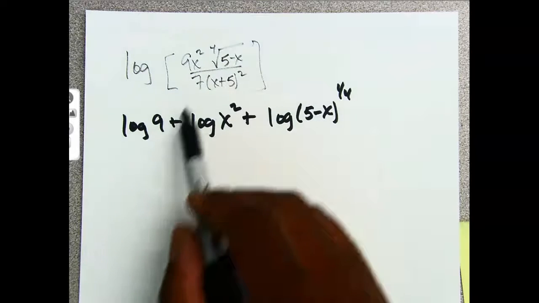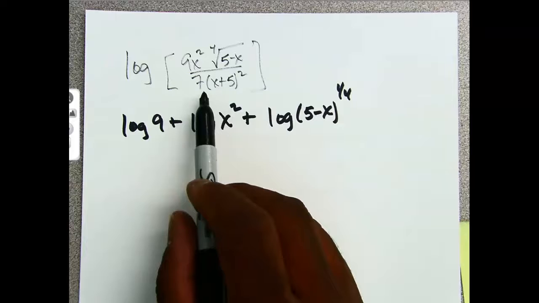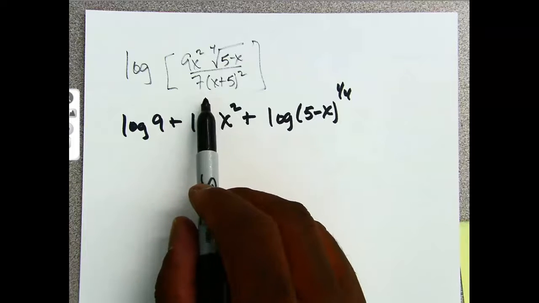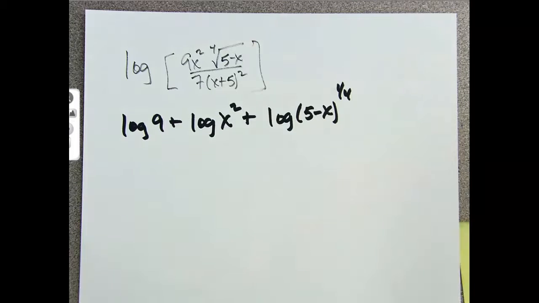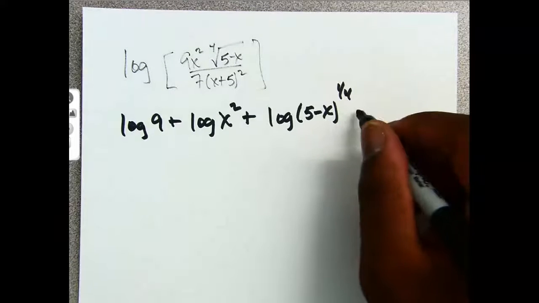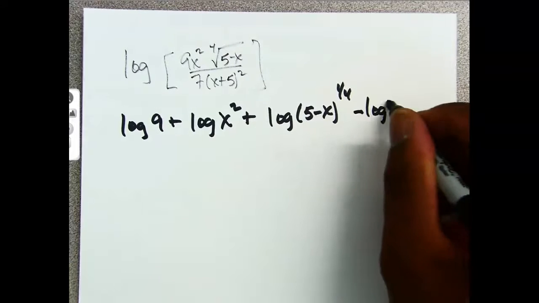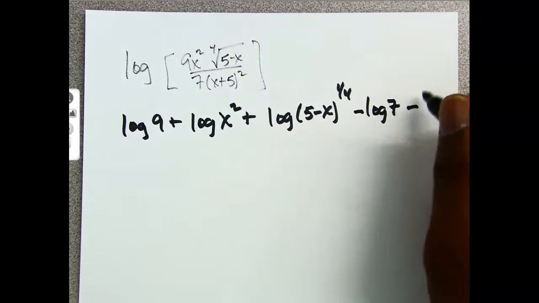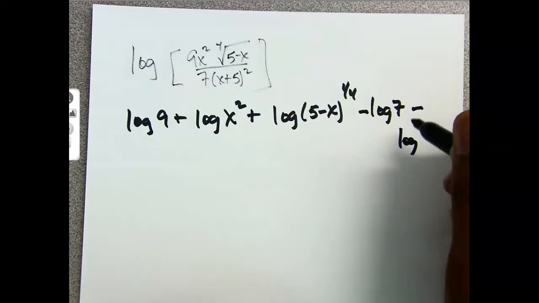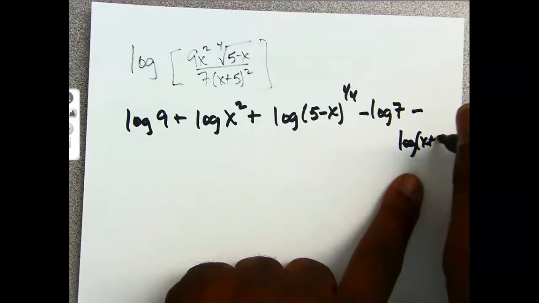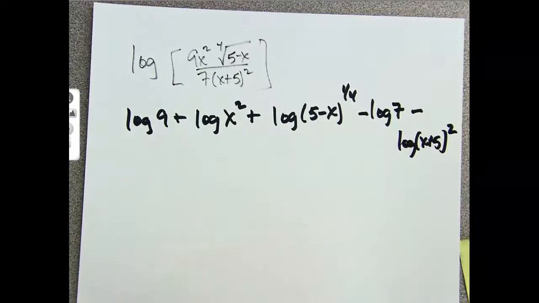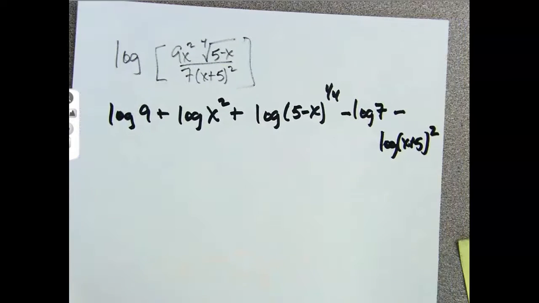Okay, so that's our product property. So now here we're dividing by 7 times x plus 5 squared. So it's minus log of 7 minus log of x plus 5 squared. Okay, any questions there?